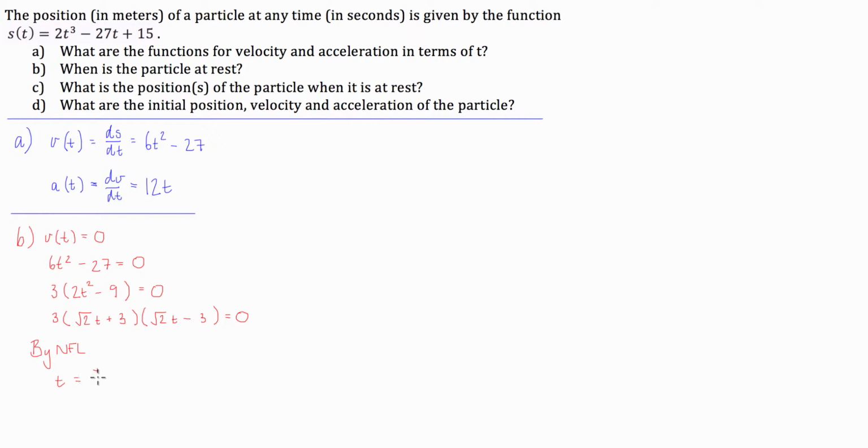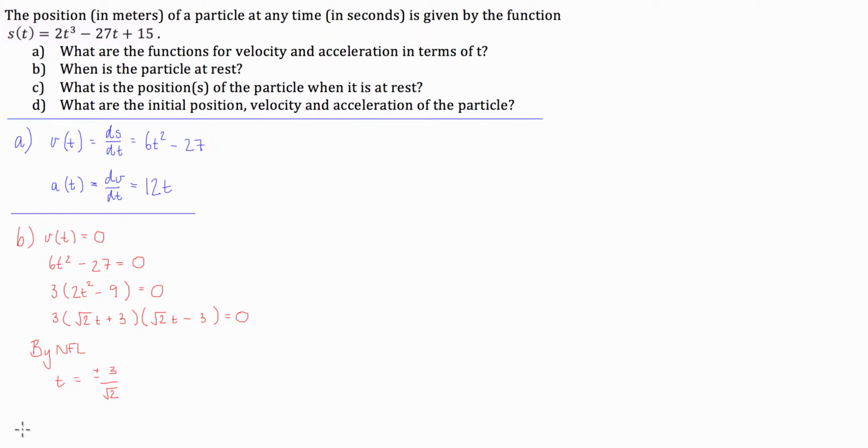So we can write plus or minus 3 over square root 2. Now, because it's measuring from a particular time, t equals 0 at initial time and then onwards, the negative 3 over square root 2 doesn't really make sense.